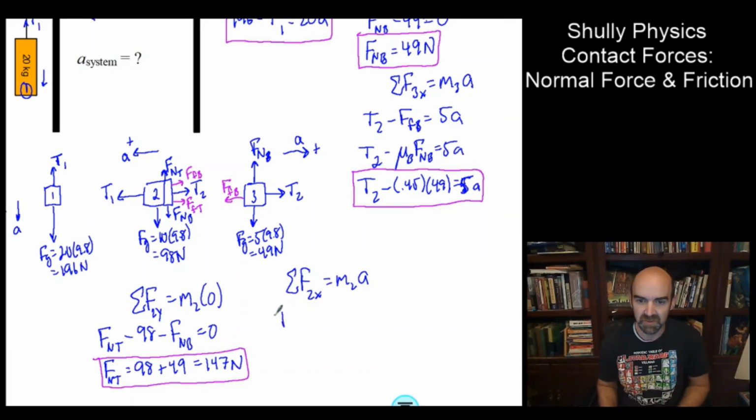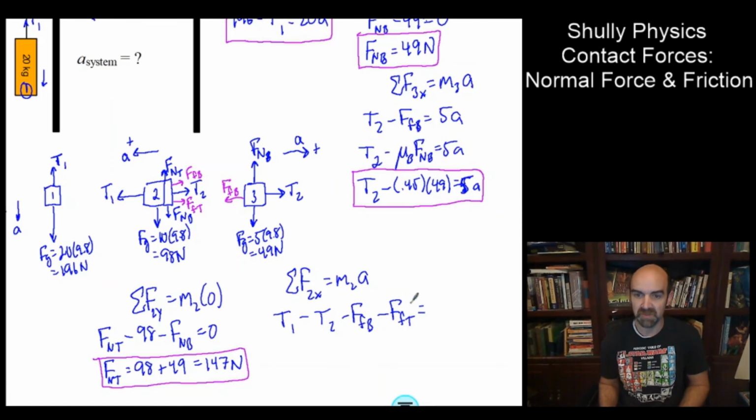So let's see, T1 goes to the left, all right, minus T2 to the right, minus friction from the blocks, minus the friction from the table. Hopefully all that makes sense. T1's pulling and everything else is resisting.